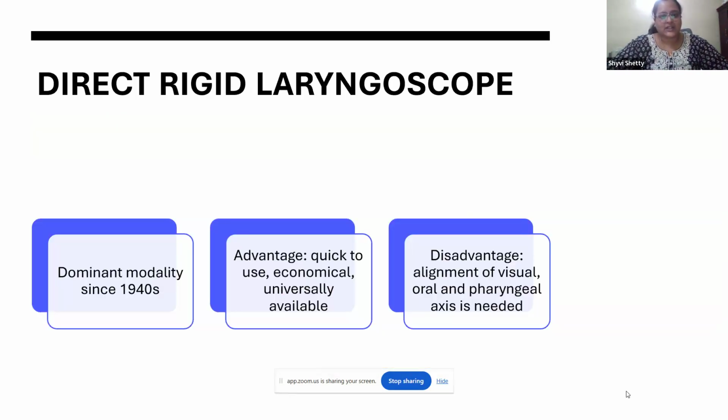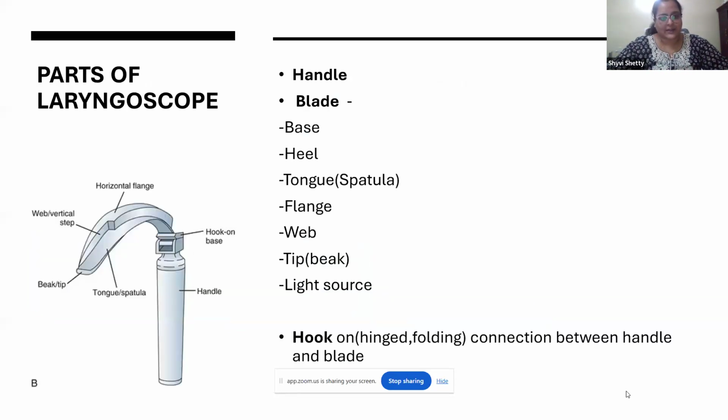Coming to the direct rigid laryngoscope, this was the dominant modality since the 1940s. The advantage here is it is quick to use, economical, and universally available. The disadvantage would be that alignment of the visual, oral, and pharyngeal axes is needed while using a direct rigid laryngoscope. Coming to the parts of a laryngoscope, we have mainly the handle, the blade, and the hook.